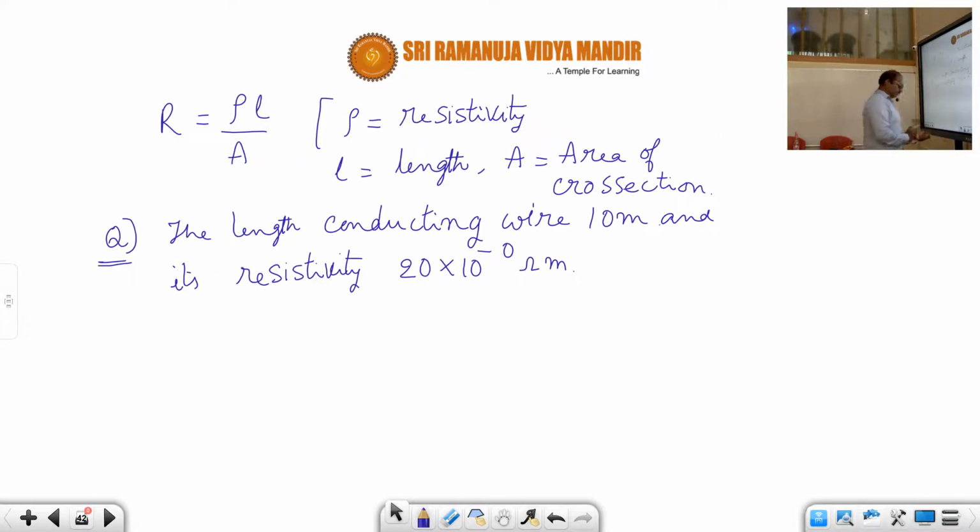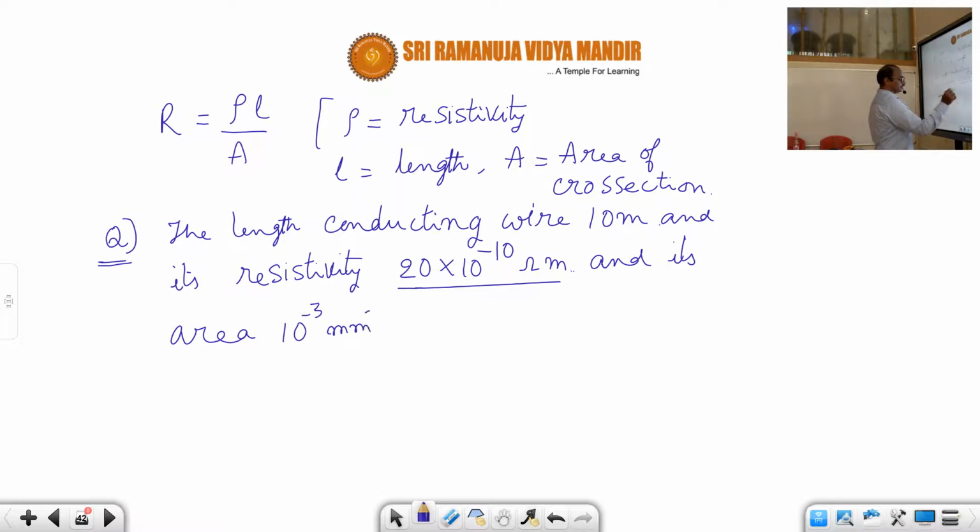So the resistivity of the material is given like this, 20 into 10 to the power minus 10 ohm into meter, and suppose its area is, say for example, 10 to the power minus 3 millimeter square.